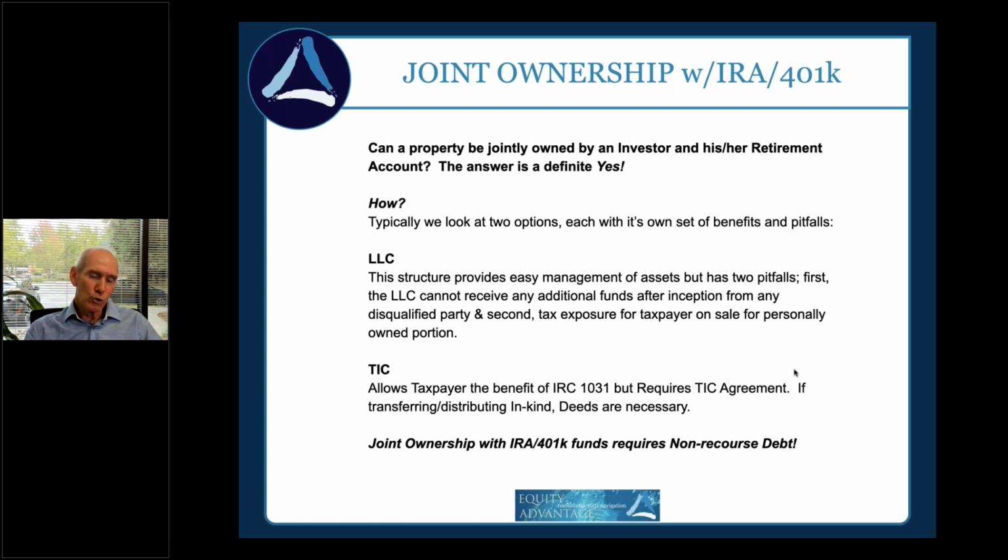If you own things as a limited liability company jointly, you personally and your plan, IRA, 401k money, it's a prohibited transaction to transact between or for the benefit of a disqualified party with retirement accounts. It's not a prohibited transaction to transact along with a disqualified party. So we can easily combine any number of disqualified parties into a single limited liability company, and that's fine.